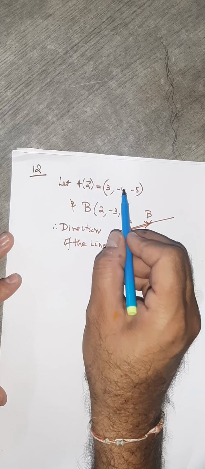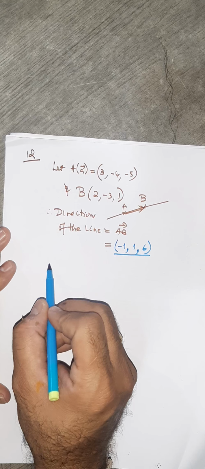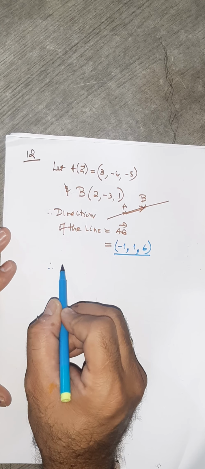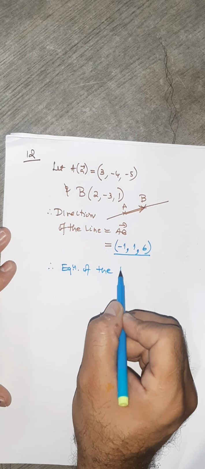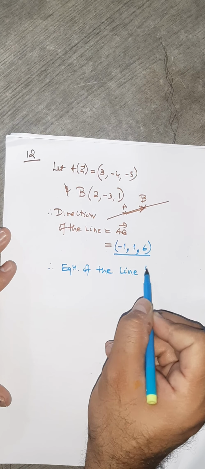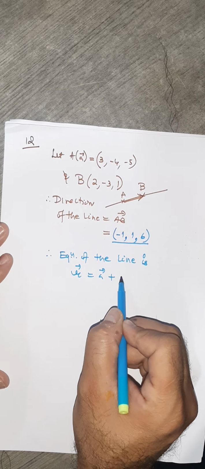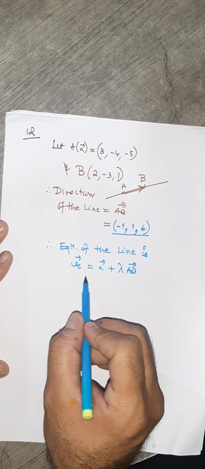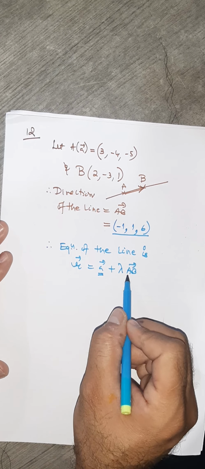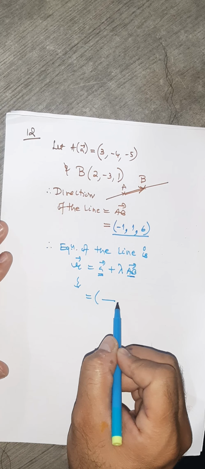This minus this, this minus this, this minus this. And therefore the equation of the line in vector form is vector r equals fixed point plus scalar lambda into direction of the line. Now just place the value of this and this. Get the values in terms of 3 coordinates.